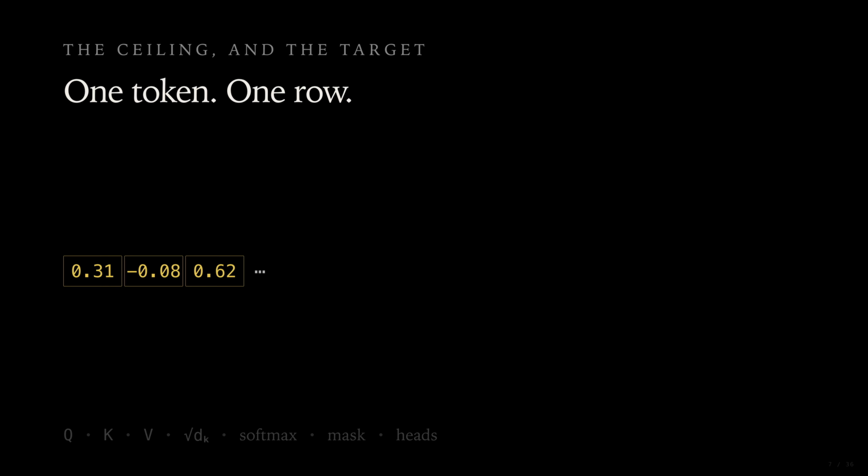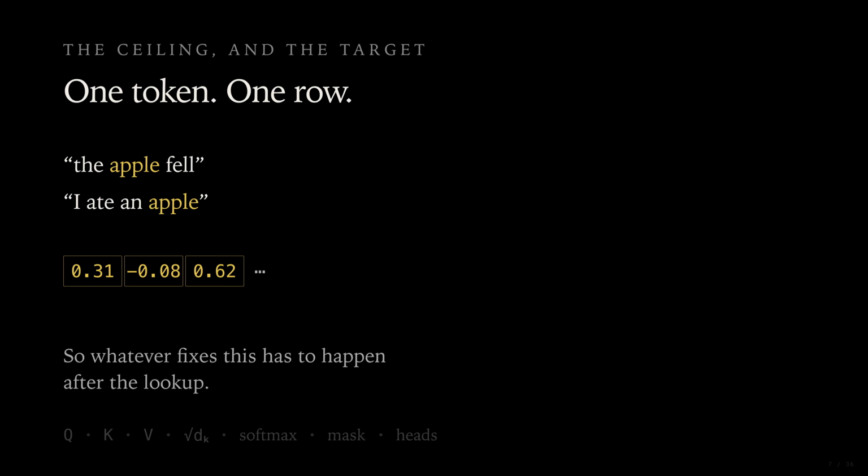One token gets one row, and that row was fixed long before your sentence existed. So a word carrying two meanings still only ever gets one vector out of the table. Whatever fixes that has to happen after the lookup, which tells us what we are aiming for.